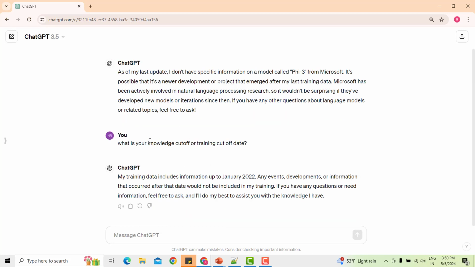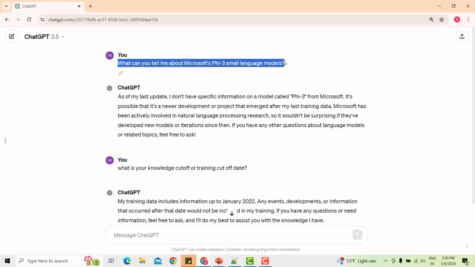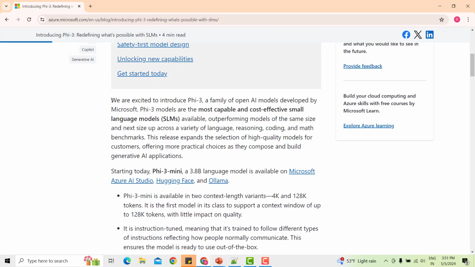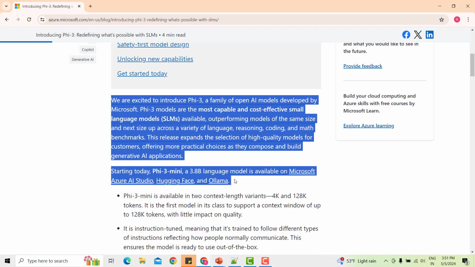Now, how can I make my question get answered? Let me go to that announcement. Here is an announcement about Phi-3 models. I'm taking a couple of paragraphs from the announcement.